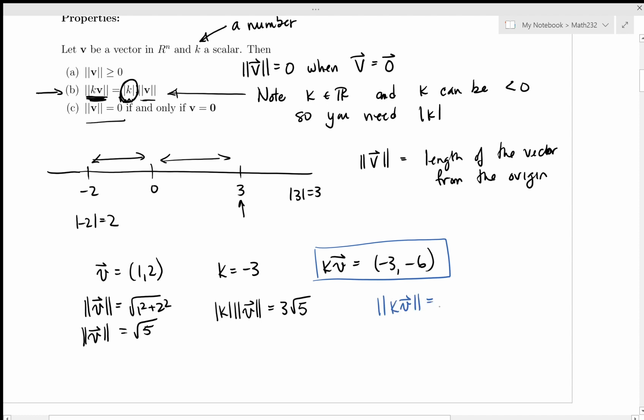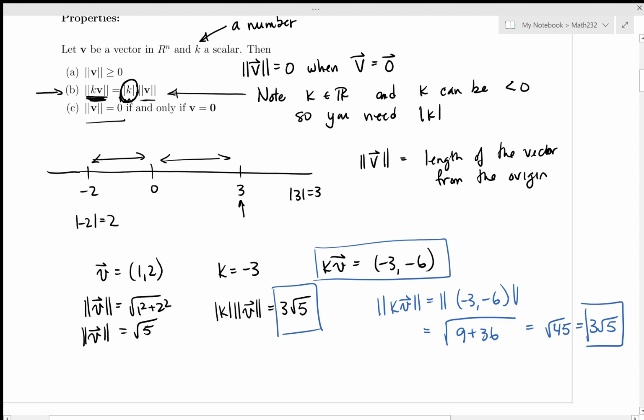That's the norm of this vector, -3, -6, which is the square root of 9 plus 36, the square root of 45, and that is 3 root 5. The big exciting thing here is that these two are the same. That's what part B is telling us.